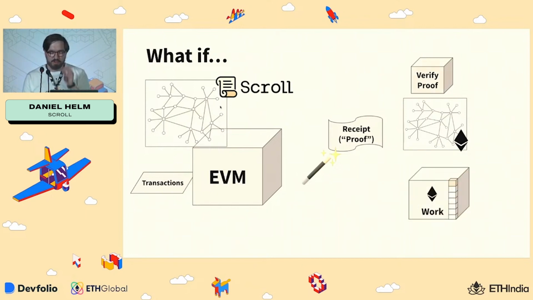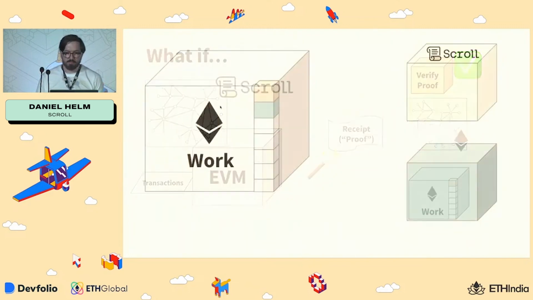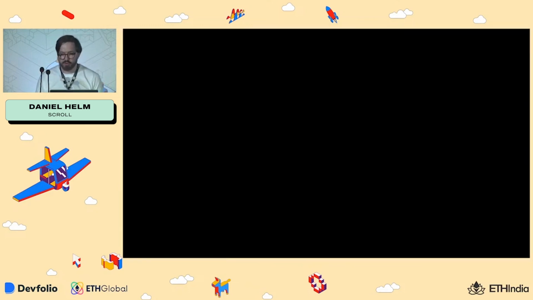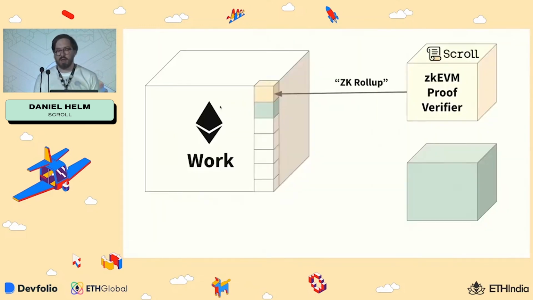That little bit of work on Ethereum is able to verify all of the work of a second Ethereum doing more work than Ethereum itself using zero knowledge cryptography, and it can verify those proofs. So that is the idea of Scroll. We are a ZK rollup, and that thing on-chain on Ethereum is a ZK EVM proof verifier, right?